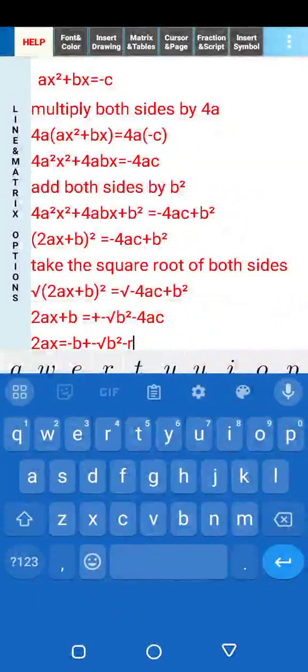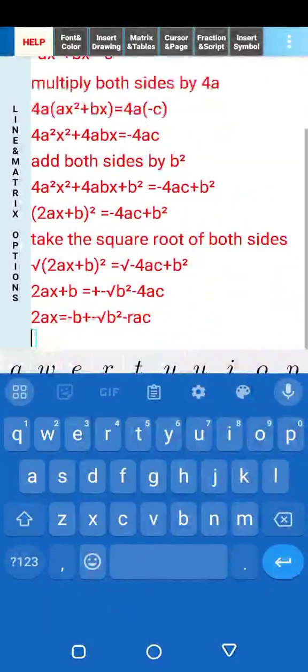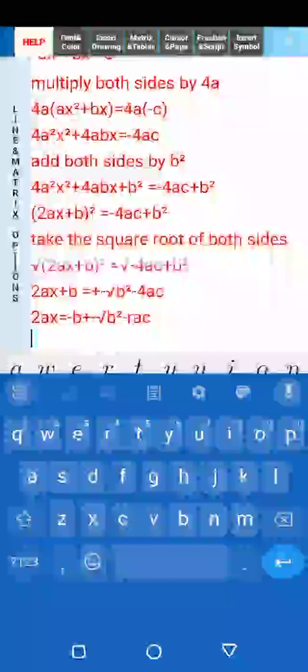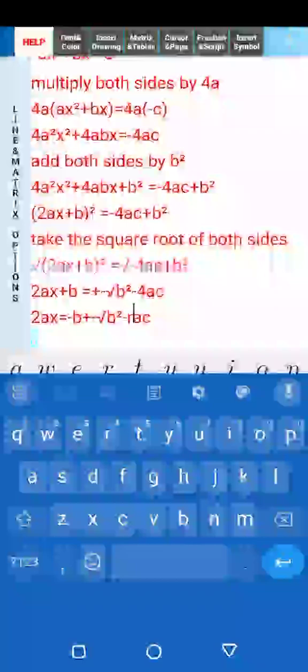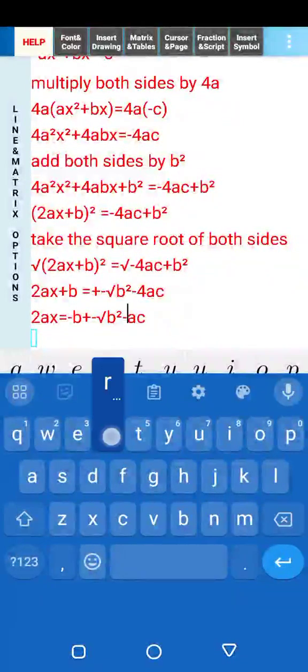You see, we take b to this side, it becomes negative: minus b plus or minus root of b square minus 4ac.